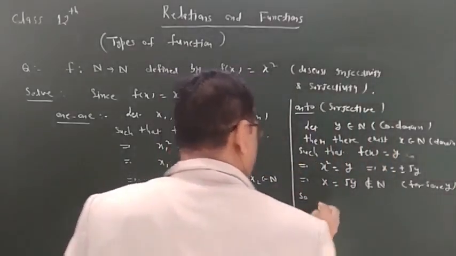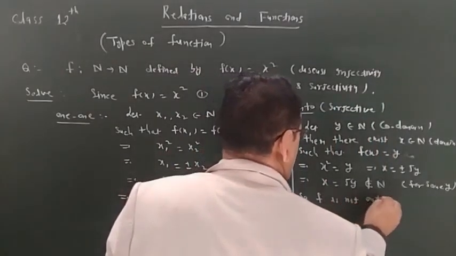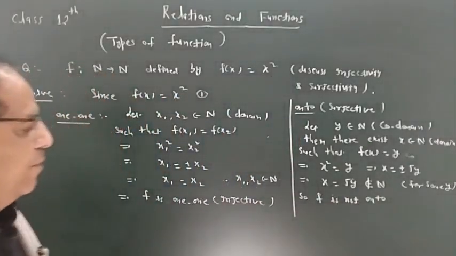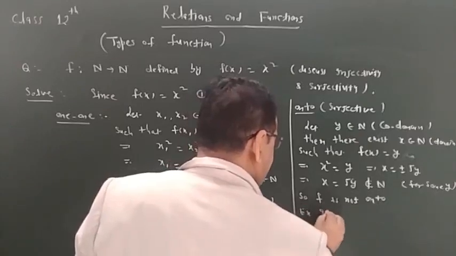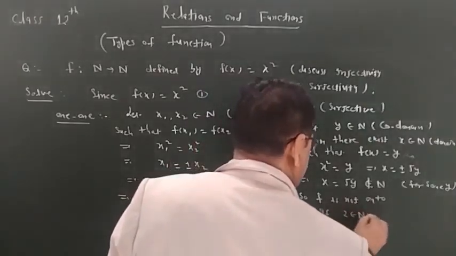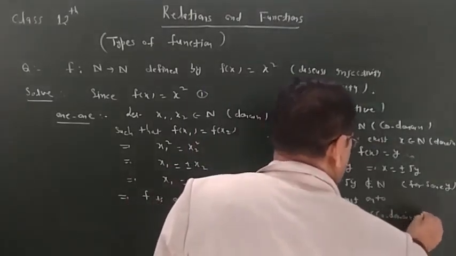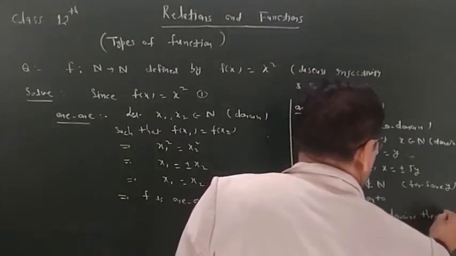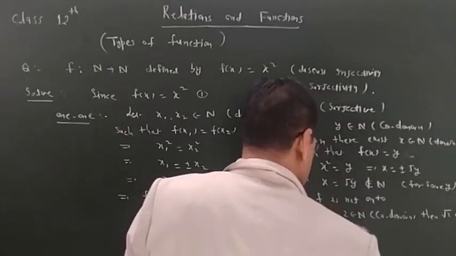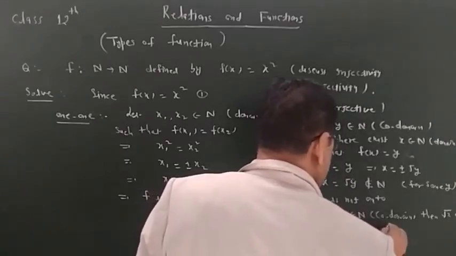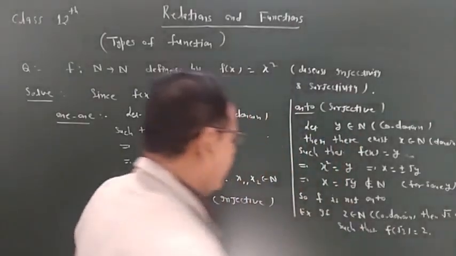So f is not onto. For example, if 2 belongs to N, the codomain, then root 2 does not belong to N such that f(root 2) equals 2.